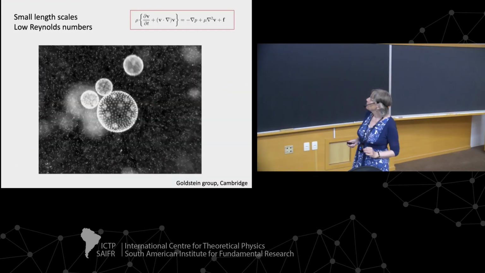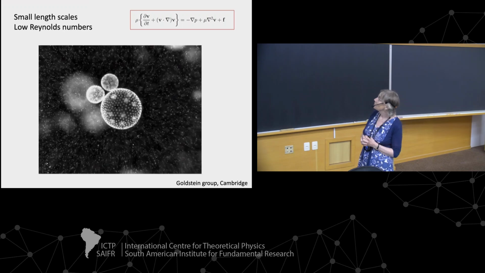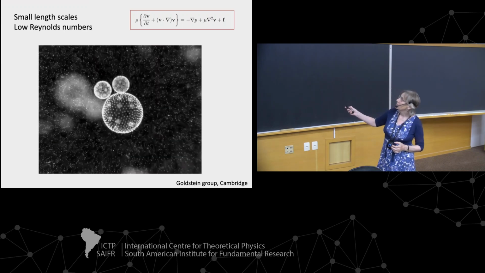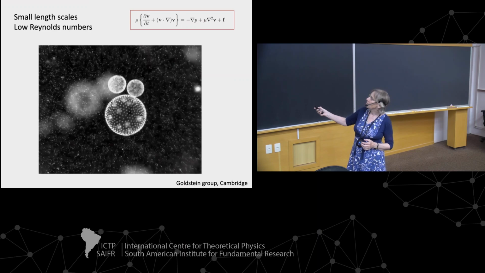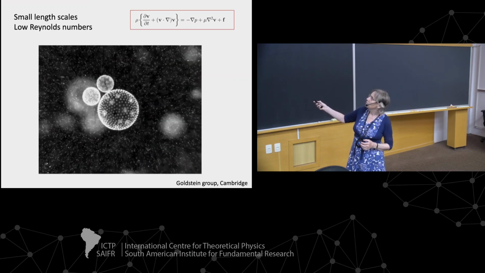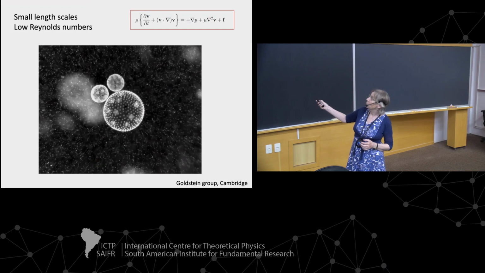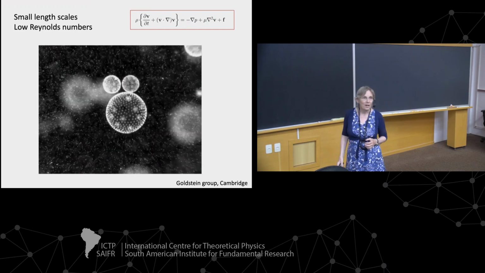Low Reynolds number flows, everything's very calm. This is Volvox, and you can see there's no turbulence, things are just flowing very slowly around. And these are the particles of dust in the background fluid which show you where the flows are going.